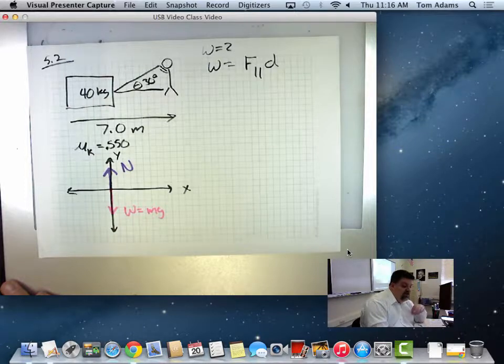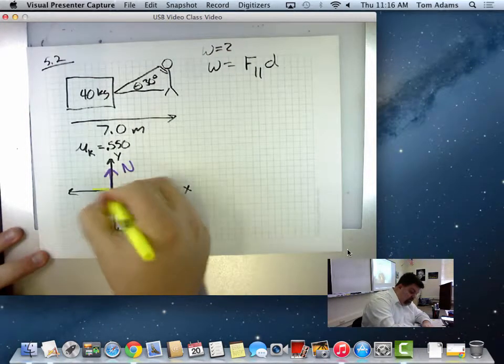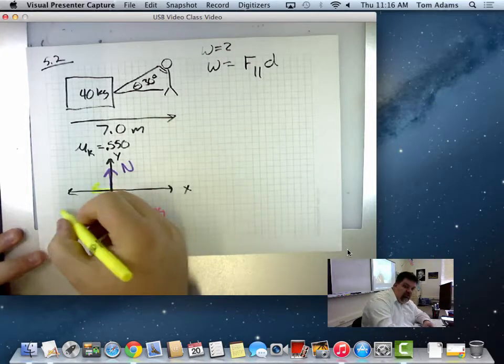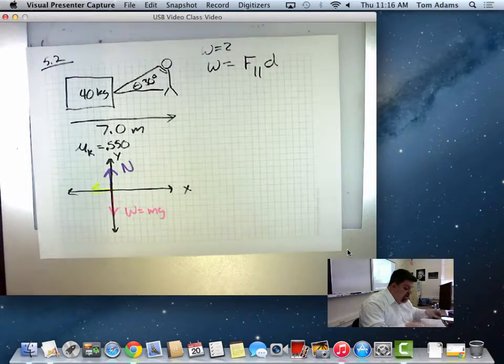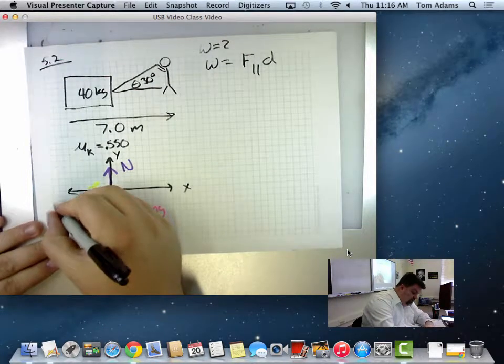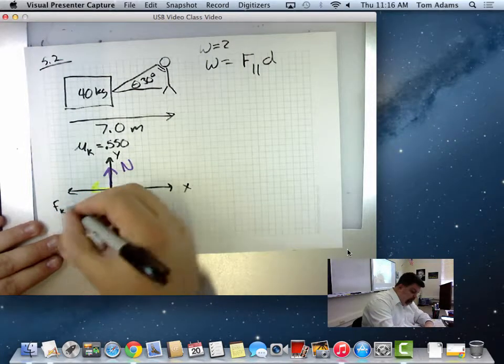What's another force acting on this? Friction. Which way does the friction go? Friction's going to go to the left, right? So we'll have a frictional force. Now the frictional force, what's the formula for that? Coefficient of friction times the normal force.